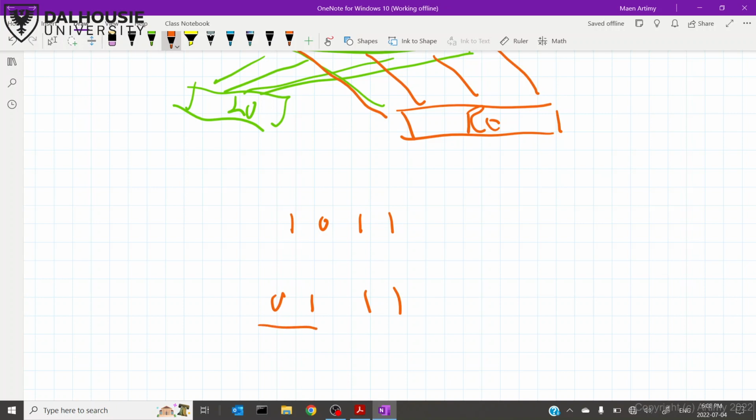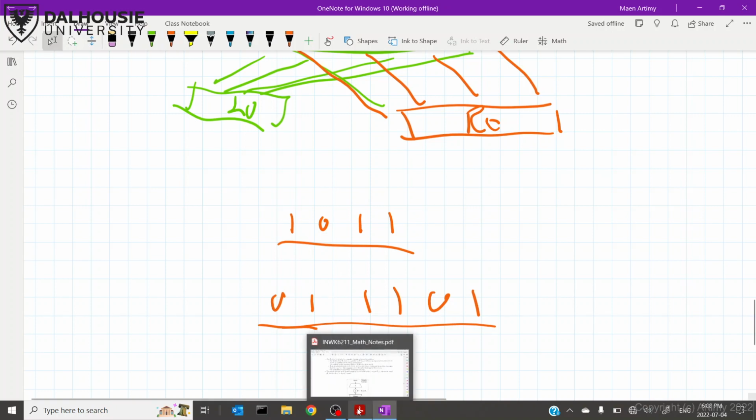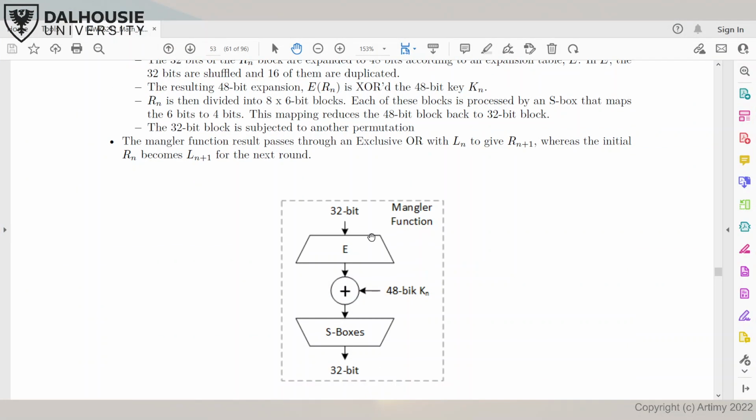So let's take these half and duplicate them maybe here. So now the 4 become 6, right? Once we finish this step, we can XOR the 48-bit key with the output here.